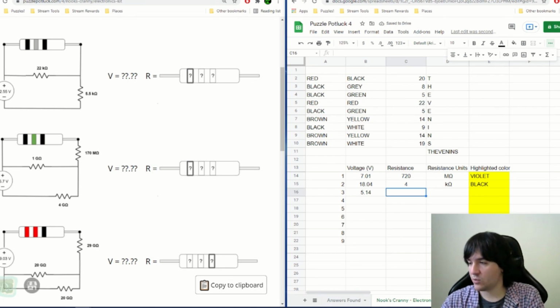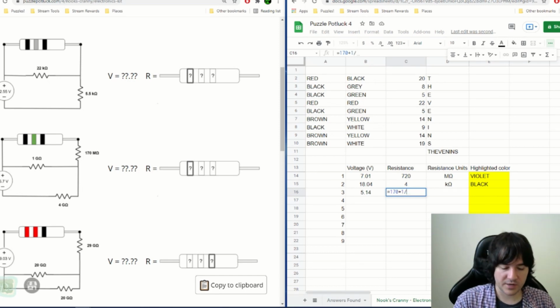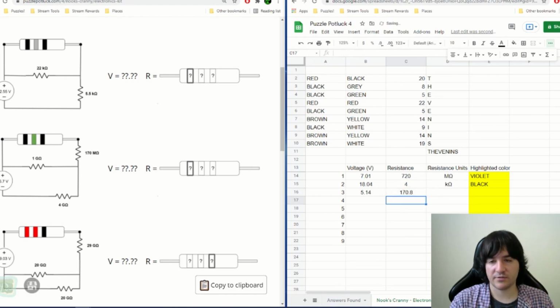Now to get our equivalent resistance for this one, we need to just add 170 to the equation that we did before, which was 1 divided by 1 plus 1 divided by 4. So 170.8. Oh wait, these are different units.